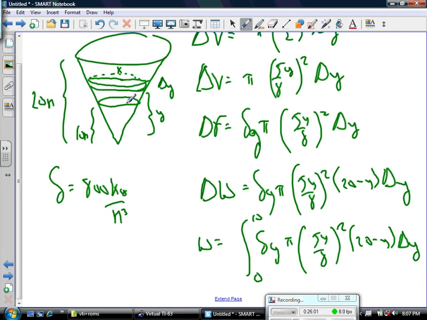Okay. All right, so now let's work this out and see how many Newton meters or joules of work we have to do. All right, so delta was 800. G, what's G? 9.8 meters per second squared. Pi is pi. We got everything, right? So it's 800 times 9.8 times pi can come out.